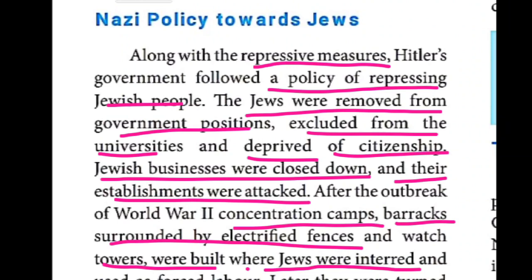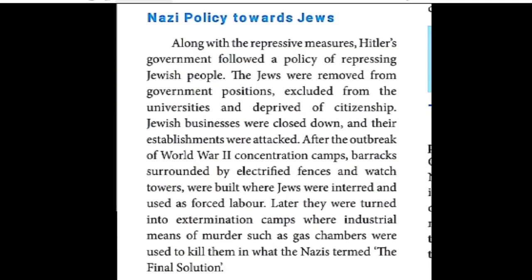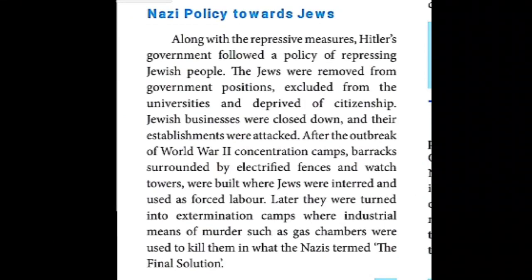Interred means to place a corpse in a grave. And they were used as forced labor. Later they were turned into extermination camps. First they were in the concentration camps.